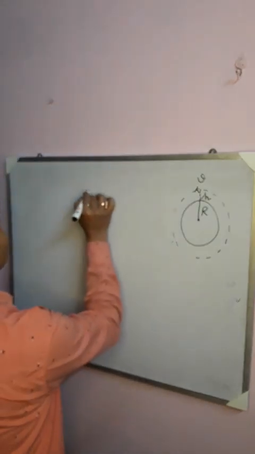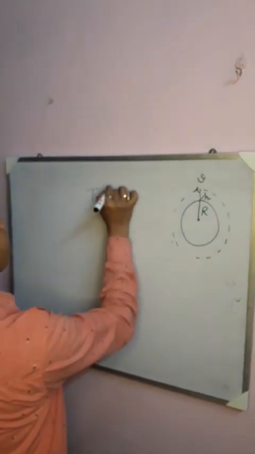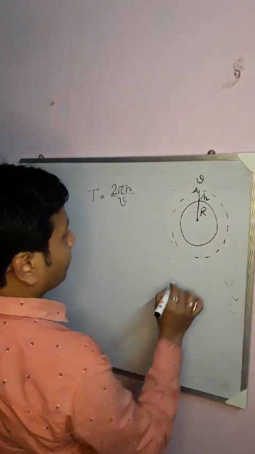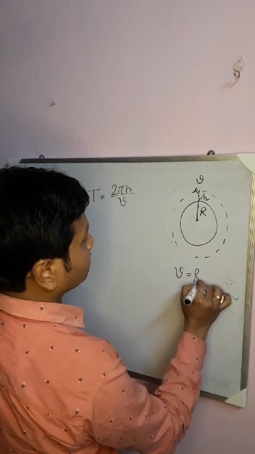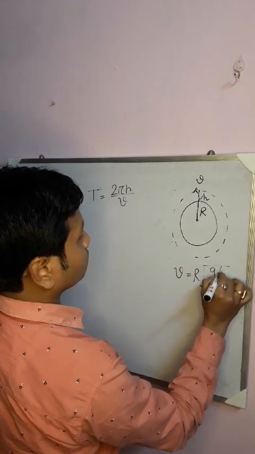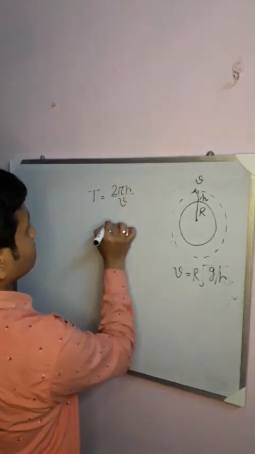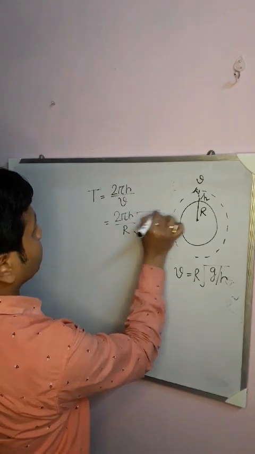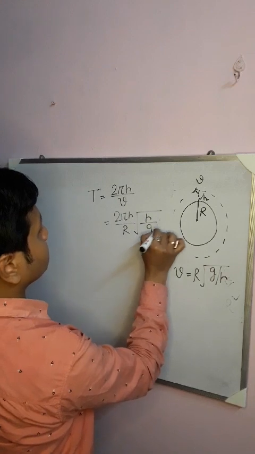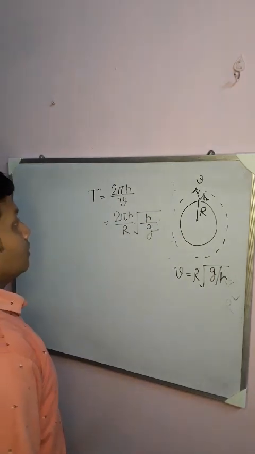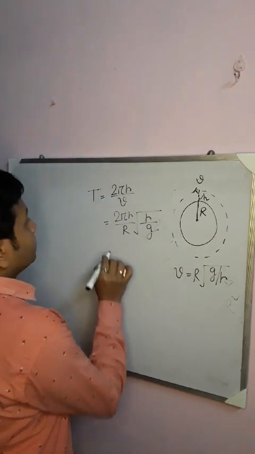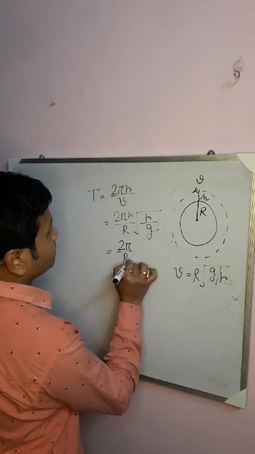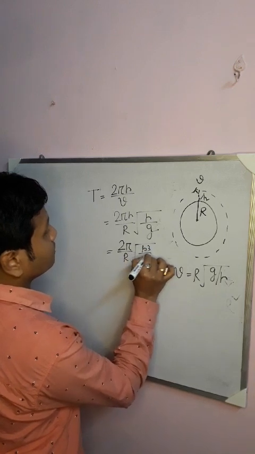So the time period of revolution would be 2 pi r by v. What I find, v is R root g by r. If we substitute this, then we get the time period. If we take the square, just one step, this is simply r cube by g.